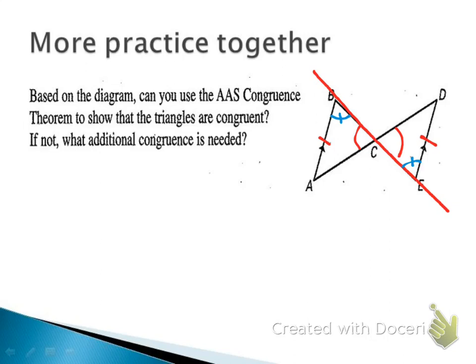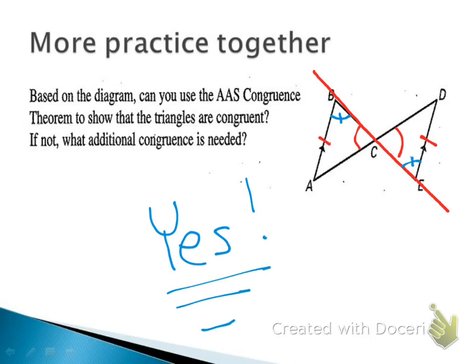Now, I'm going to help you get these labeled when you see problems like this, because it is kind of a lot of information all coming together at once. But now that it's labeled in that way, does angle, angle, side work here? Yes. See the red angles, the blue angles, and then the side. So this would be a yes, it is angle, angle, side. Again, the hard part here is just remembering what you learned last semester. What are your questions on these?